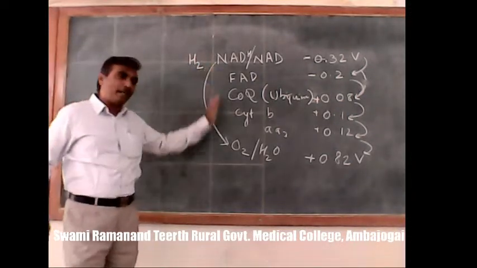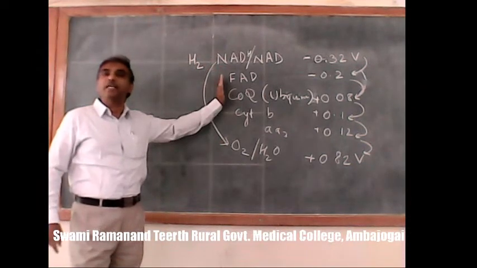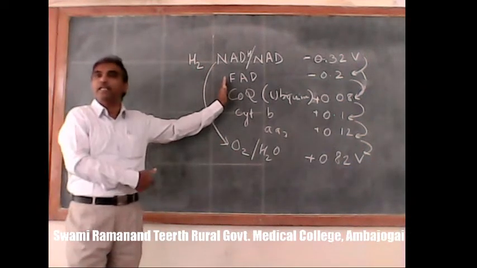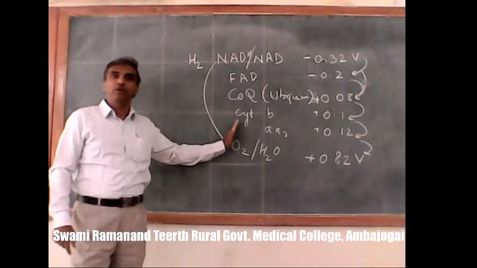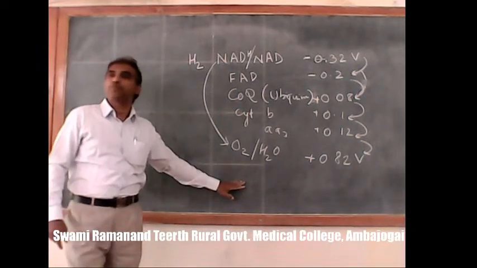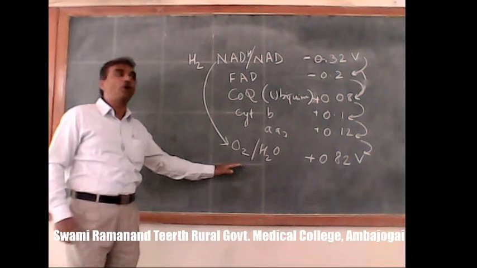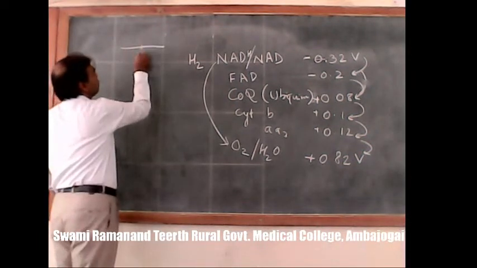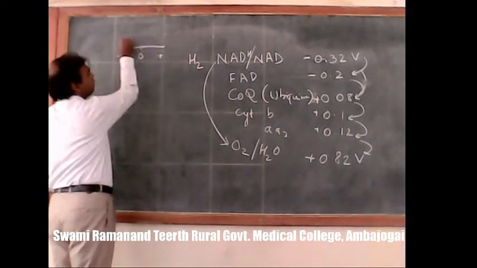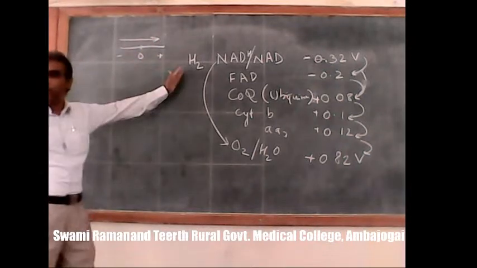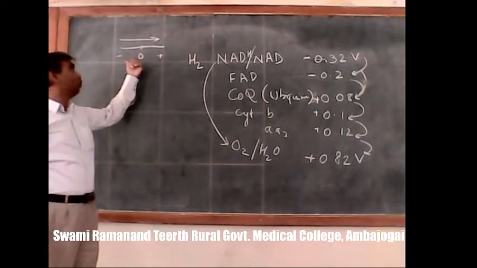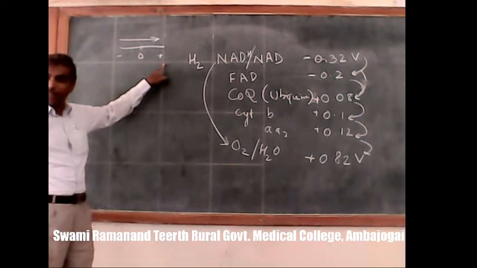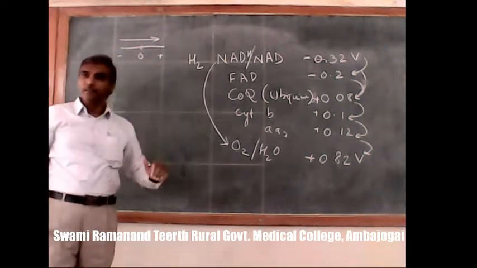These are the enzymes and coenzymes. We will see them later on. They are arranged in increasing redox potential. It is said to be increasing because we start from minus, pass through 0, and go to plus. They donate electrons here and accept electrons there.